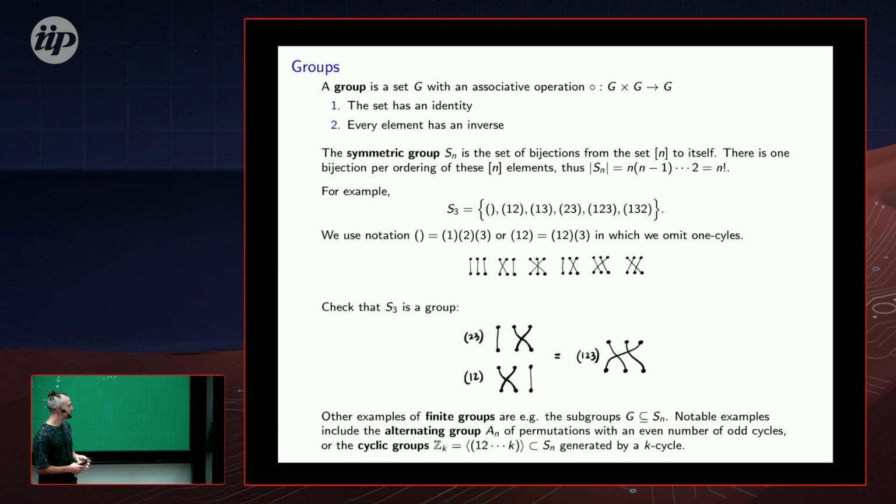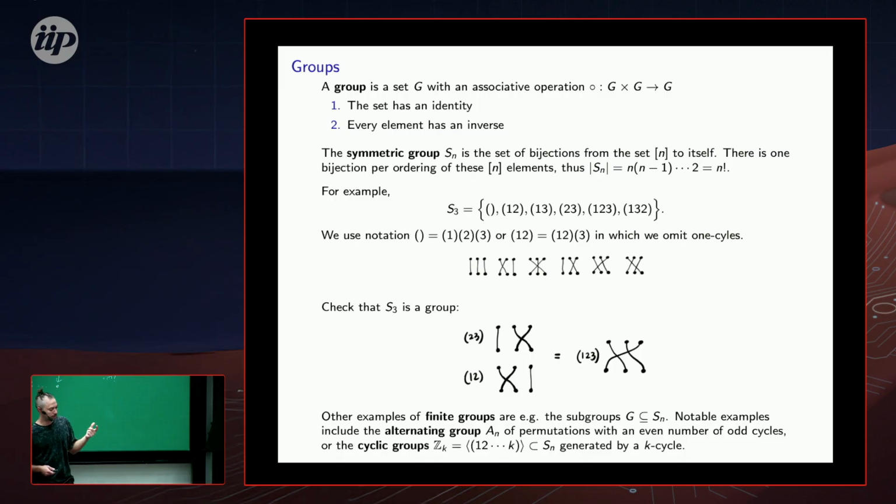As examples of other finite groups, we can consider a subset of permutations that has an even number of odd cycles, meaning cycles of odd length. That's a subgroup. If you take products of permutations with an even number of odd cycles, you obtain permutations with an even number of odd cycles. Also a subgroup is this cyclic subgroup.